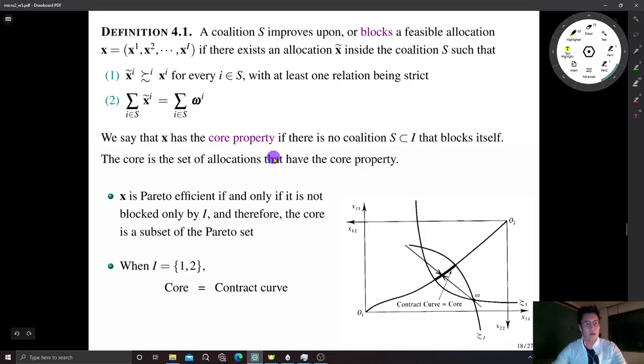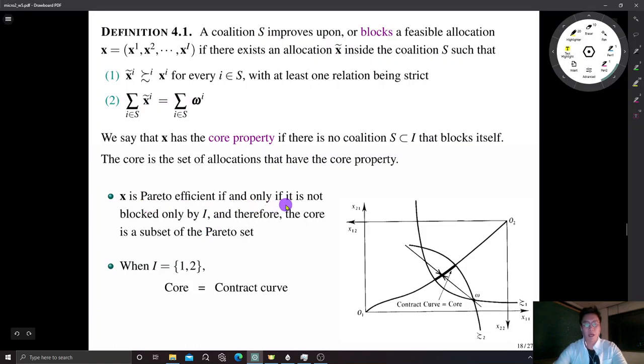All right. Then let me just compare with Pareto efficiency. A Pareto allocation X is Pareto efficient, as I told you, there is much similarity between the core and Pareto efficiency. But in Pareto efficiency, we do not consider every possible coalition. We just consider the grand coalition.